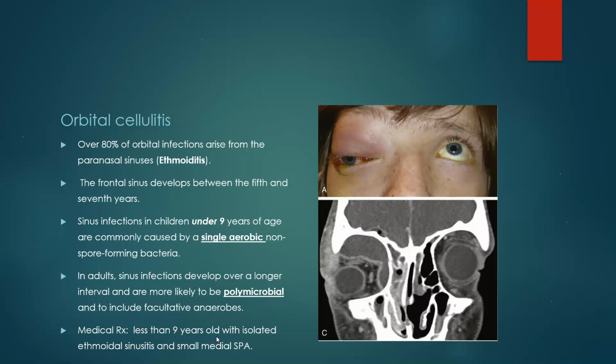So if it's superior or inferior, this is also an indication for urgent drainage, even if the patient is less than 9 years old. As you can see here on this coronal CT, you can see the subperiosteal abscess. This white line, the enhanced white line, is the periosteum.